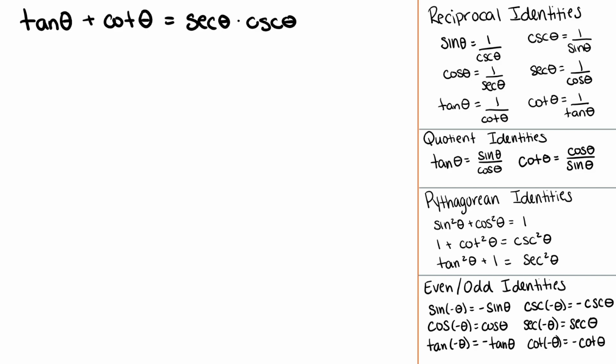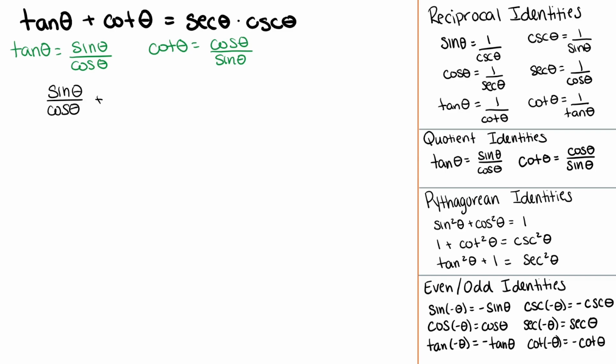Tangent, as we know, is sine over cosine, and cotangent is the reciprocal of that, cosine over sine. So we can rewrite tangent as sine over cosine plus our cotangent, which is cosine over sine.